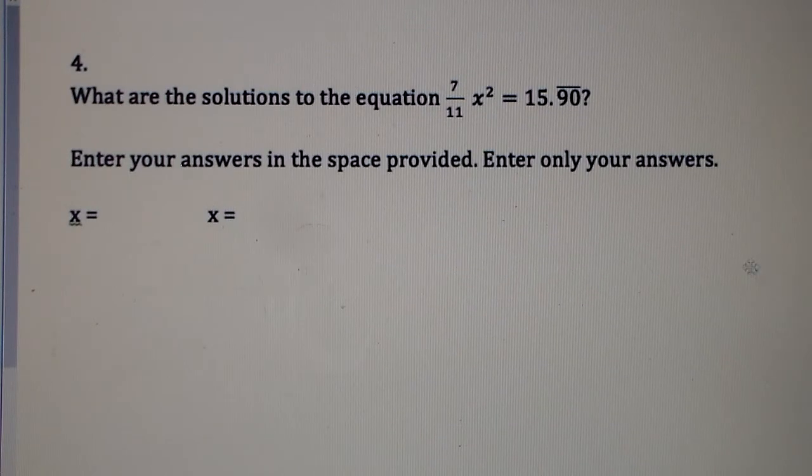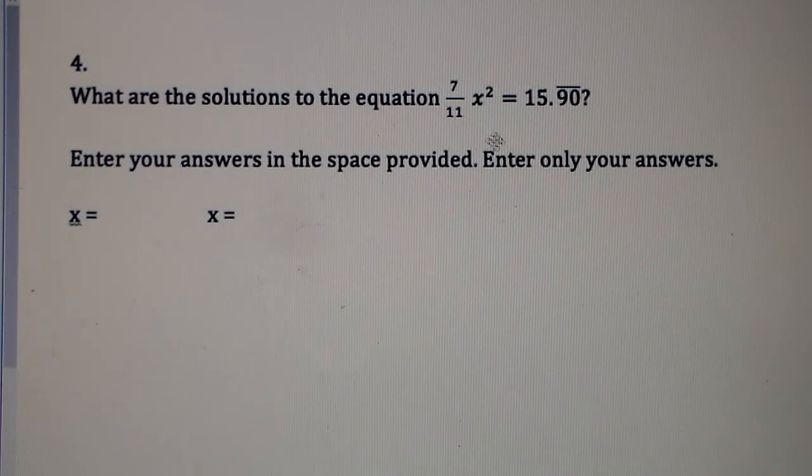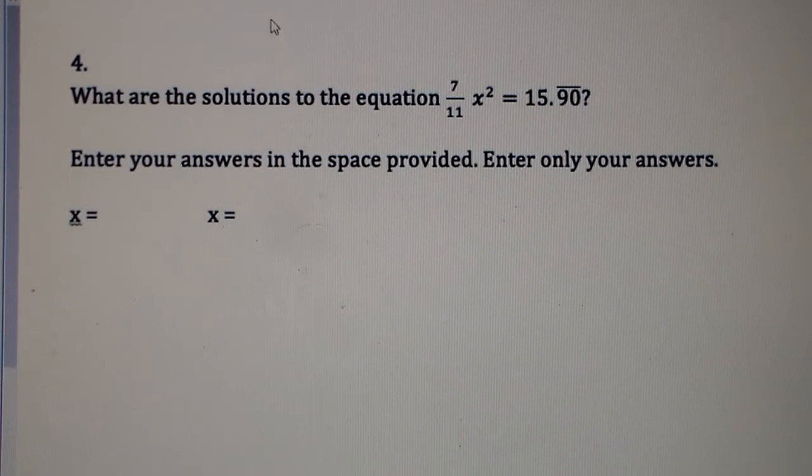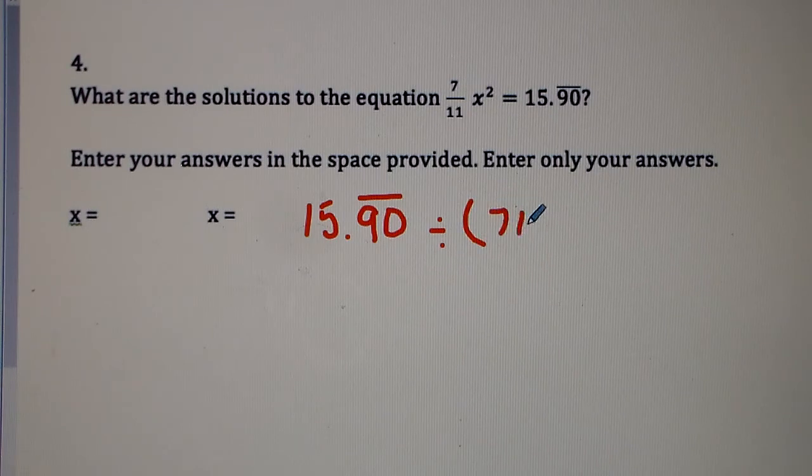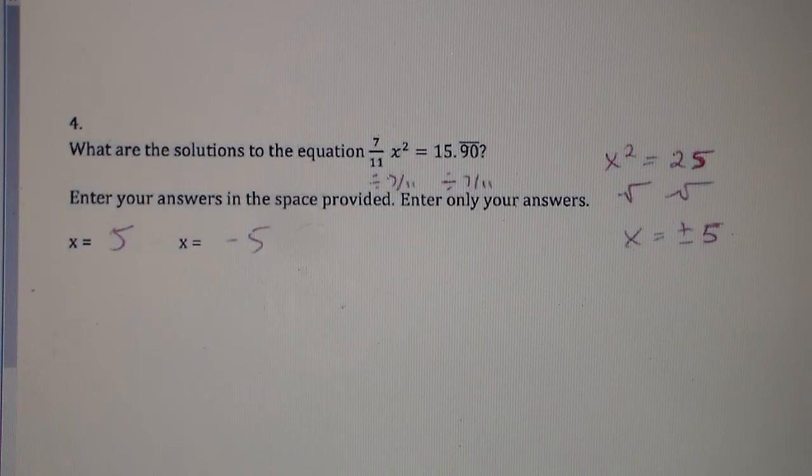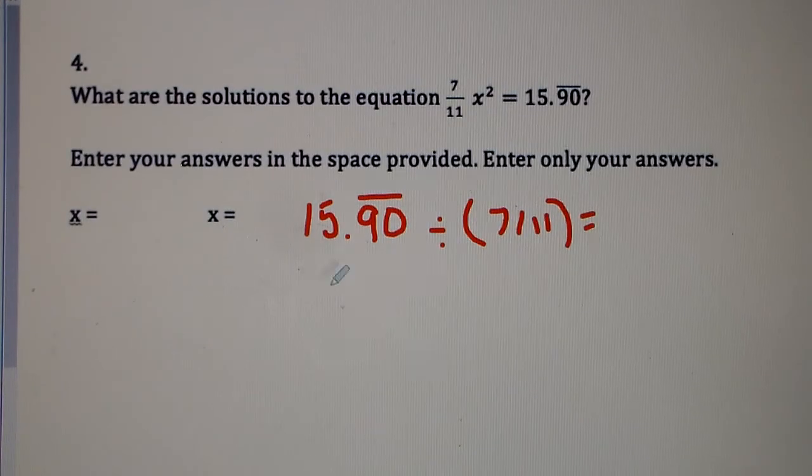Alright, looking at this, we have to divide both sides by 7/11. So on the calculator, we got to do 15.90, and we type in a whole bunch of 9's for the bar notation. Then we got to divide that by parentheses, 7 divided by 11, close parentheses, hit enter, and we're going to get 25.